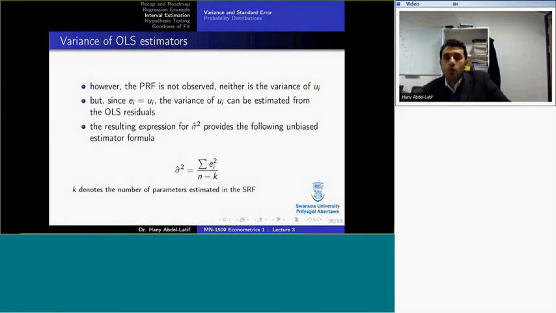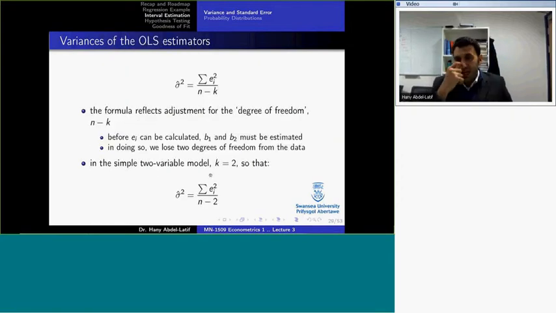But let me explain more what we have done here by adjusting the variance by n minus k. N minus k is what we call the degrees of freedom, and let me explain what we actually mean by it. Before we calculate the residuals, we need to estimate B1 and B2, and that way we lose 2 degrees of freedom from the data.